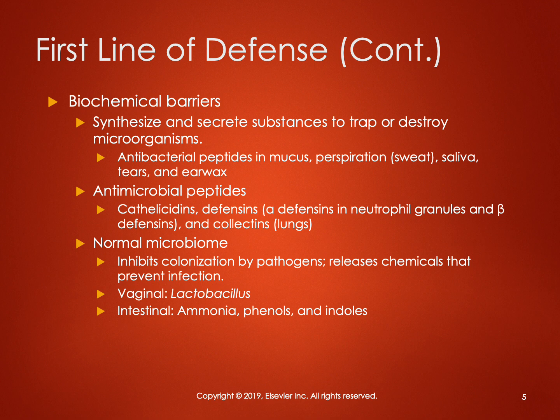Whereas the beta defensins are found in the epithelial cells lining the respiratory tract, the urinary tract, the intestinal tract, and on the skin. What they do is help to protect the epithelial surface, even against HIV as well.